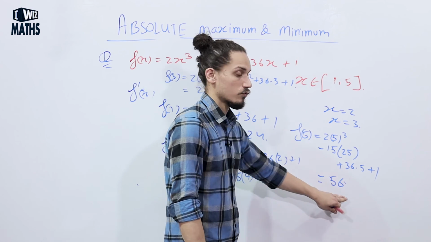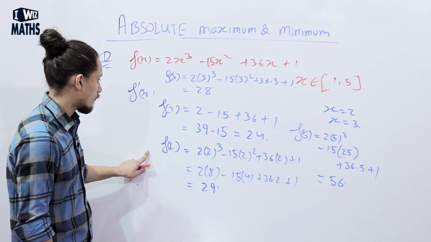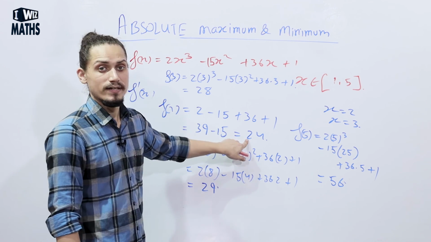Now f of 5 is equal to 56 is the maximum value out of all of these 4 values, and f of 1 is the minimum value, that is 24.